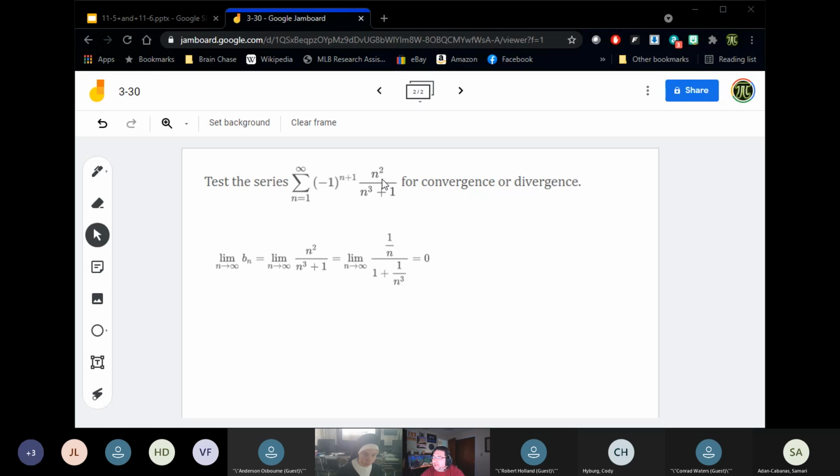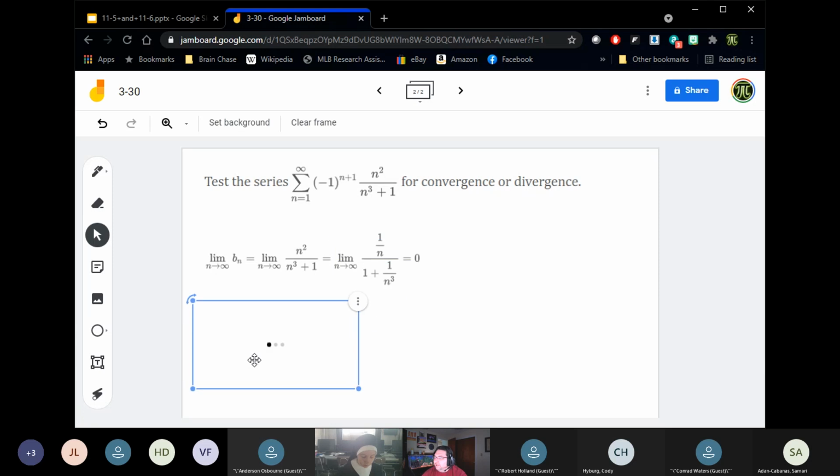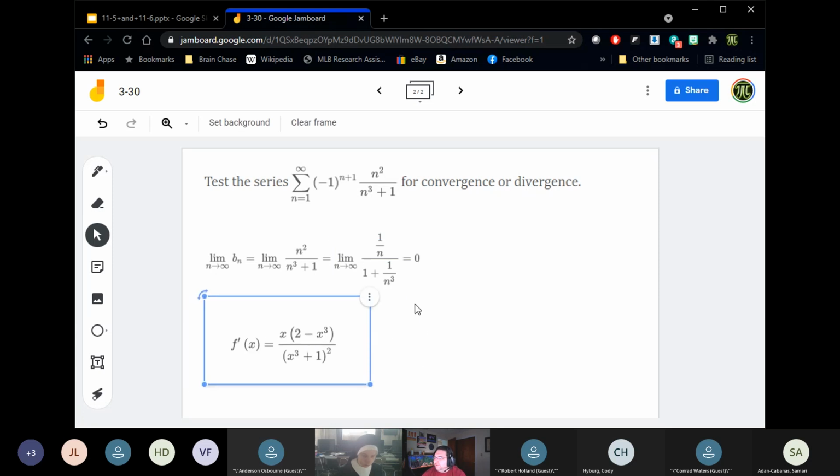The derivative of the top is 2x, and the derivative of the bottom is 3x squared. So when we break all that down and do it all out, we end up getting, that's the derivative.